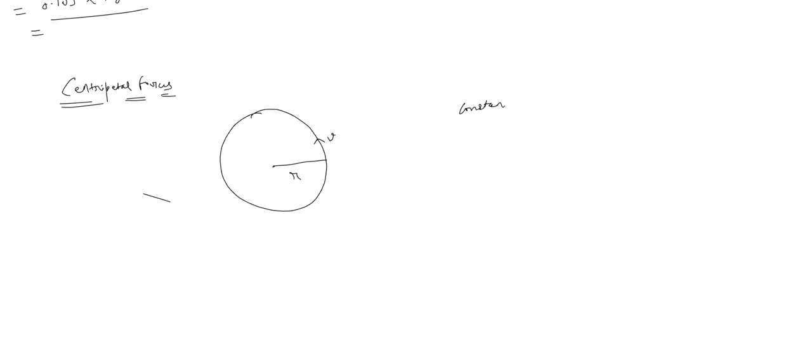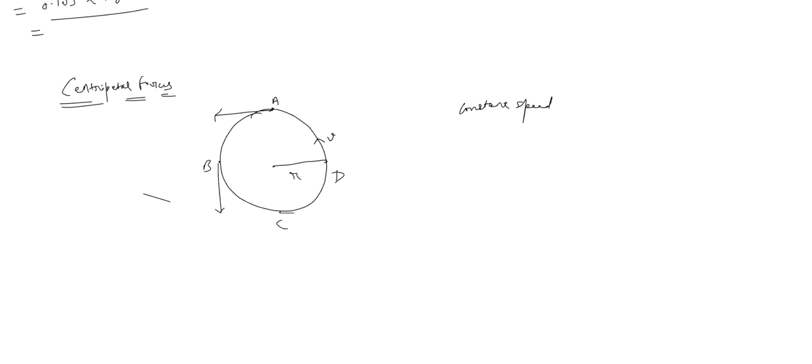But what about the direction? If I consider these 4 points A, B, C, and D, and at this point I have to tell the direction of the motion, if it is moving anti-clockwise, then at A, the direction of motion, how can we find whenever a curve is given? We draw a tangent at that point. So if I draw a tangent at this point, this will be the direction of motion at A. At B, this will be the direction of motion. At C, this will be the direction of motion.